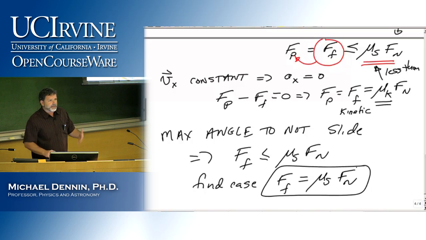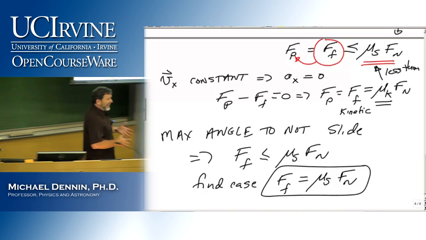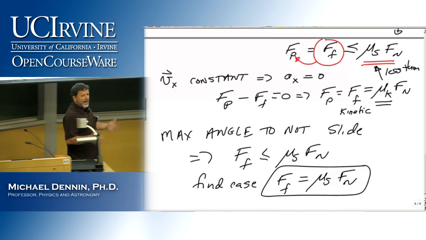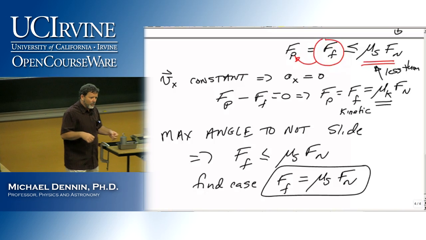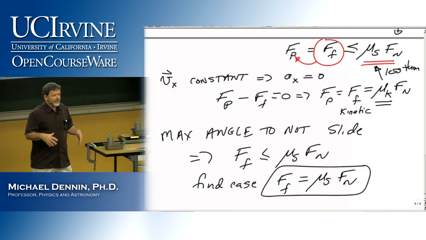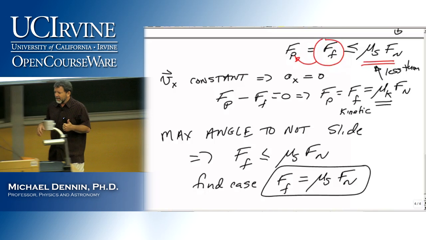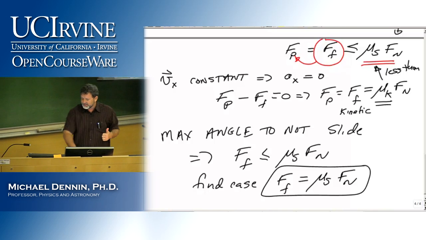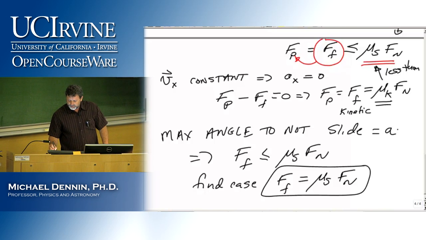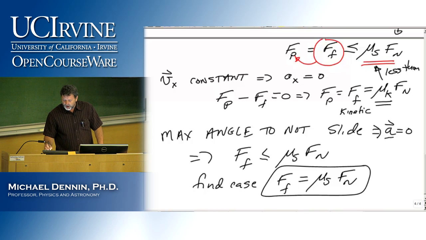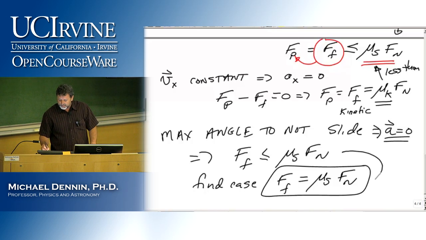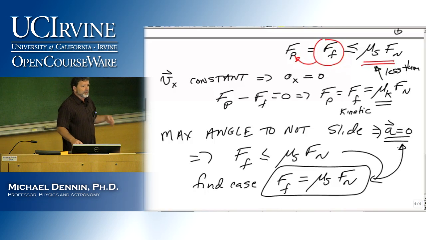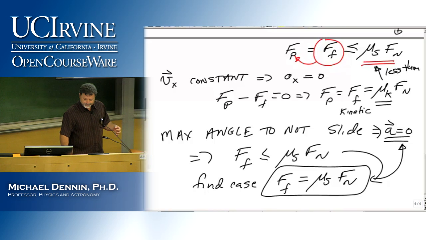Because if we make it any bigger, static friction can't get any bigger, and now it will slide. So we solve for the point just before anything happens, which means two things. We're using an acceleration that's still 0, even though it's about to have an acceleration, and we're taking the maximum of that to find the place where it's just about to change from not being 0.